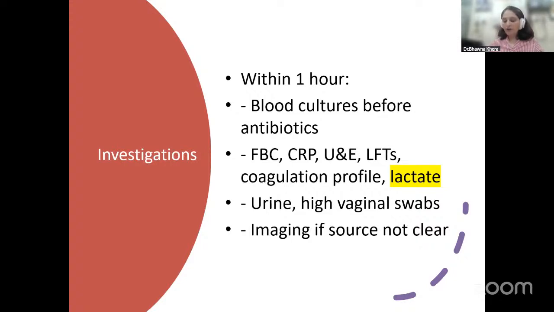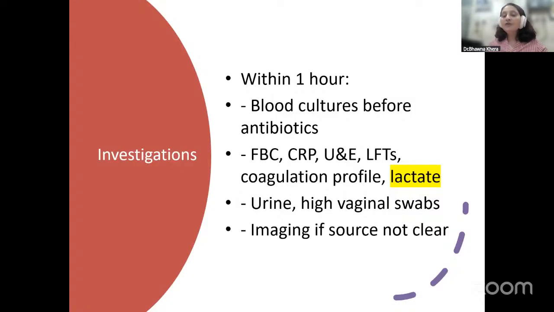Within 1 hour of the diagnosis, you have to do the blood culture before antibiotics. Immediately, you have to take the blood cultures. I'll talk about the Sepsis 6 protocol, where I will cover what to give and what to take. It's very easy to remember, right? Three things you give and three things you take.